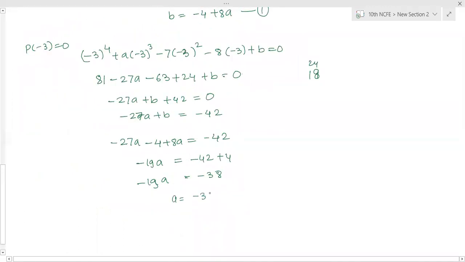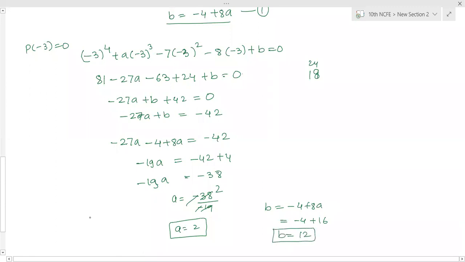So a is equal to minus 38 by minus 19. 19 twos are 38. So a is equal to 2. And substitute this value of a in this equation. b is equal to minus 4 plus 8a, minus 4 plus 16, that is 12.